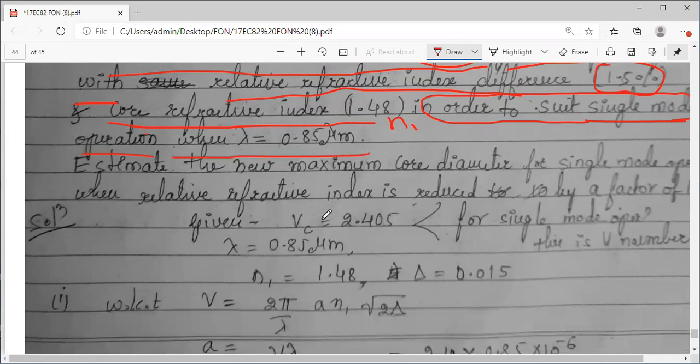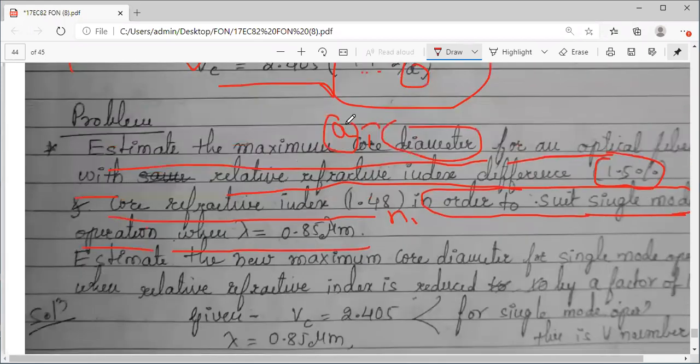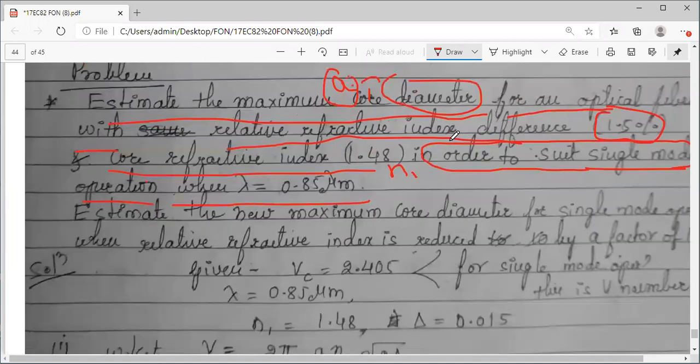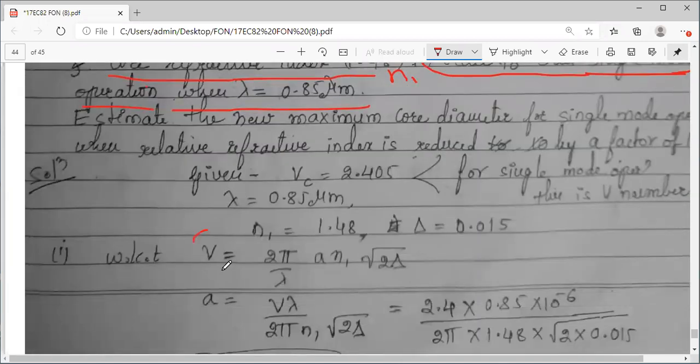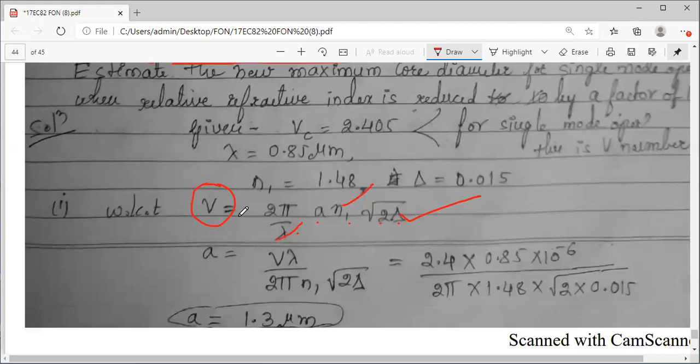So how will you calculate A, that is, the radius? If the radius is found, the diameter comes. To find the radius, we have the V number formula: 2 pi by lambda times A times N1 times root of 2 delta. This is the formula for step index that we have already used. Delta is given, N1 is given, lambda is given. So you can find V for this.